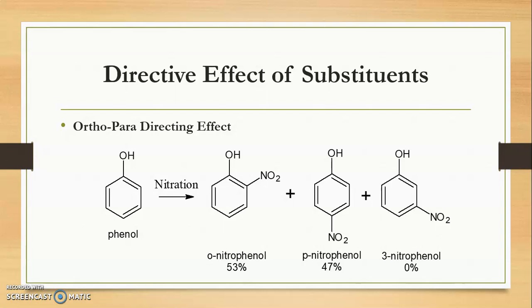Only halogens show the ortho-para directing effect but are deactivators of the benzene ring, where the speed of the reaction is decreased when halogens are present as a substituent. So this is the first directive effect, the ortho-para directing effect.